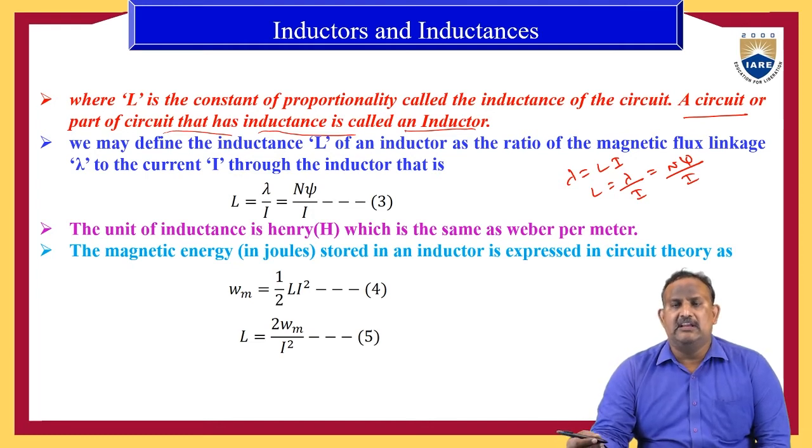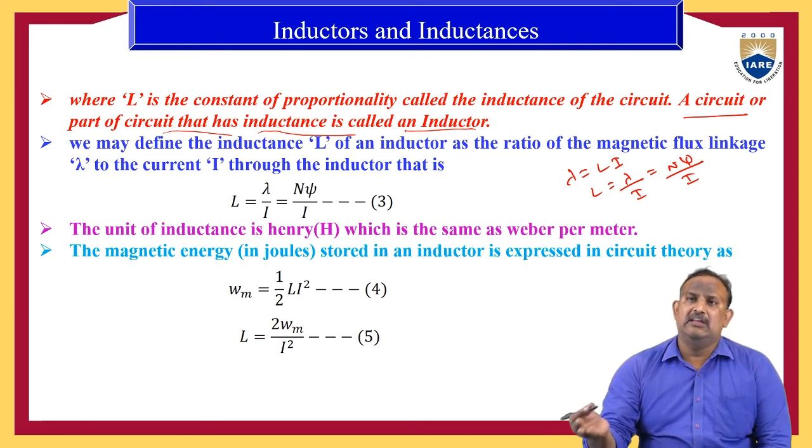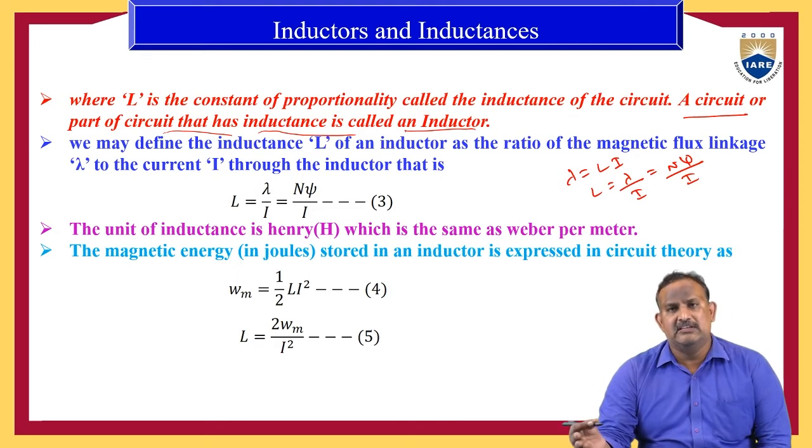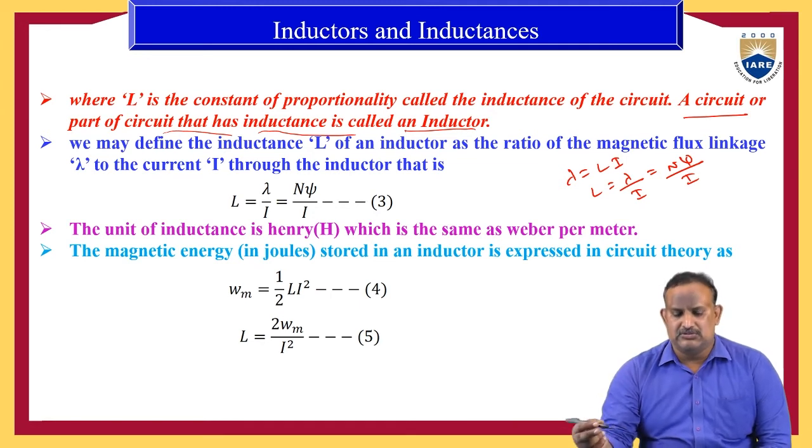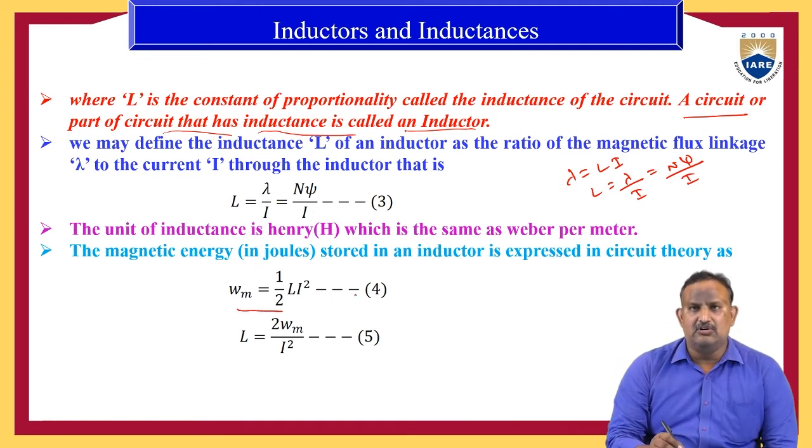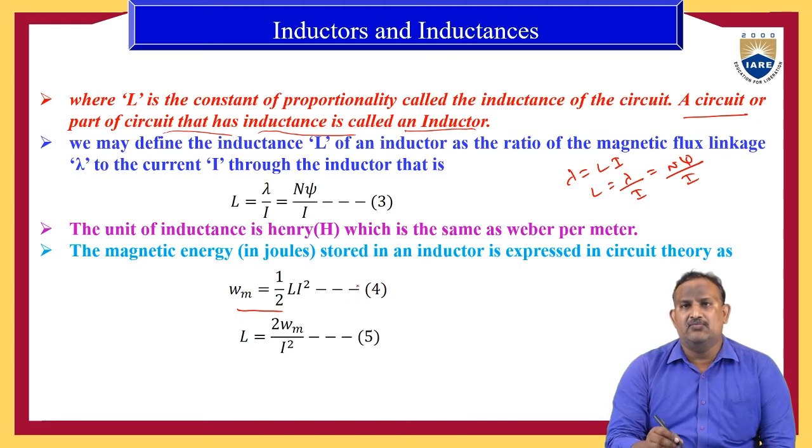We can calculate the magnetic energy by using the energy stored in an inductor. Similarly, in the electric field, we can calculate the electric energy stored using a capacitor. There, the energy stored is equal to half CV square. Same as in the electric field, in the magnetic field also, we can calculate the energy stored due to the inductor. Therefore, the magnetic energy stored, Wm, is equal to half L I square.